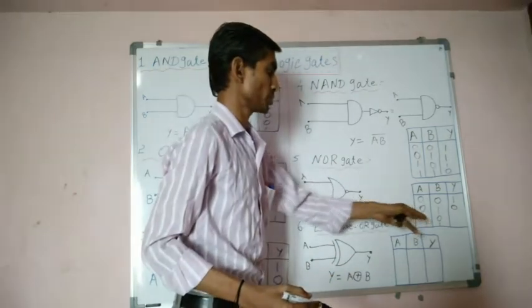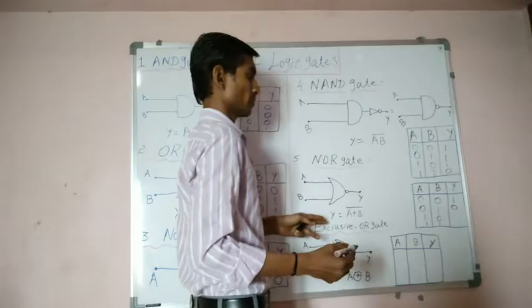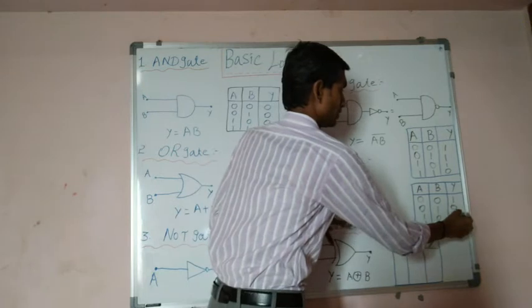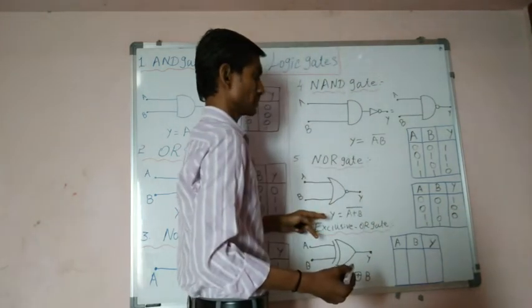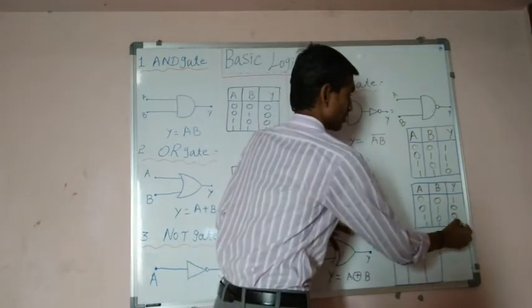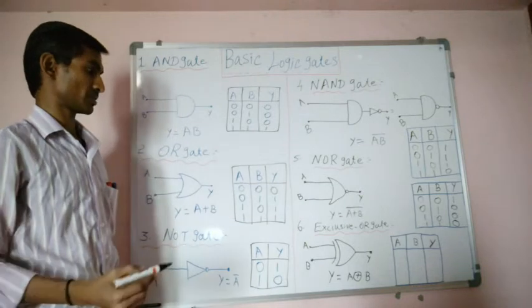Third possible input, 1, 0: 1 plus 0 is 1, complement of 1 is 0. 1, 1: 1 plus 1 is 1, complement of 1 is 0. These are the truth table for the NOR gate.